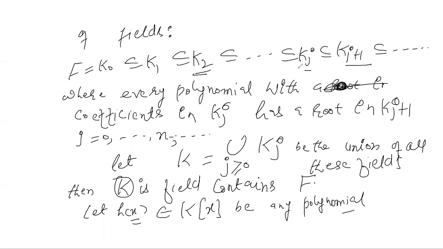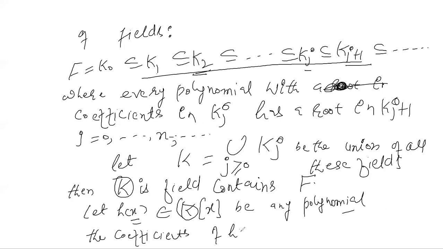Since the coefficients lie in K, they will lie in one of these by choosing a sufficiently large index. The coefficients of h(x) lie in Kn for sufficiently large n.